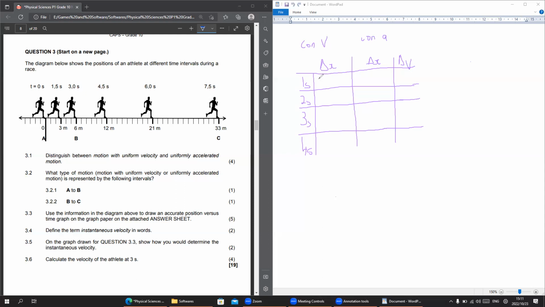So at the first second, you ran 2 meters. If your velocity is constant, at the second second, you're also gonna run 2 meters. Third one, 2 meters. Fourth one, 2 meters.